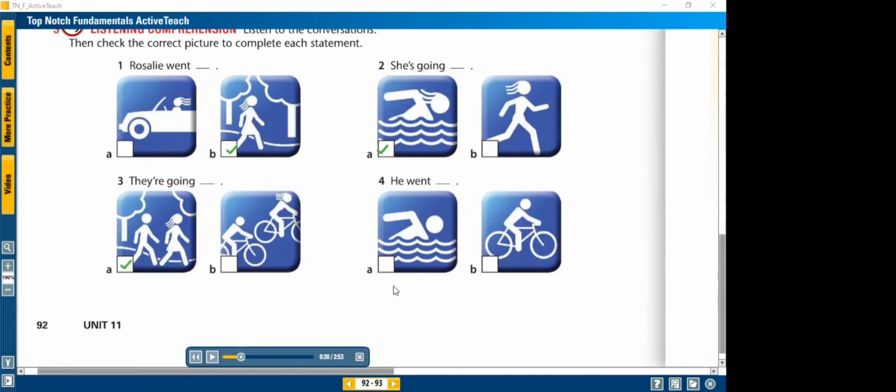Exactly. Number 4, he went bike riding. Exactly. Very good, girls.